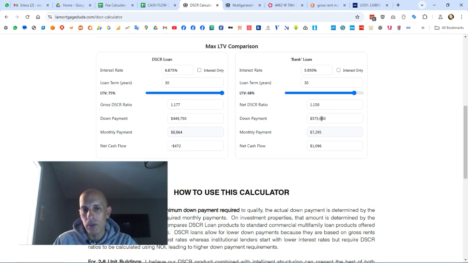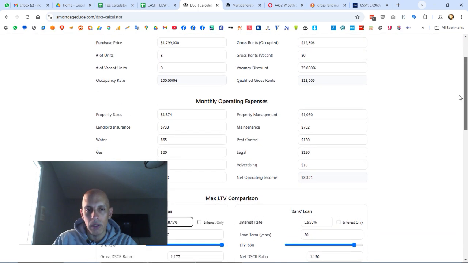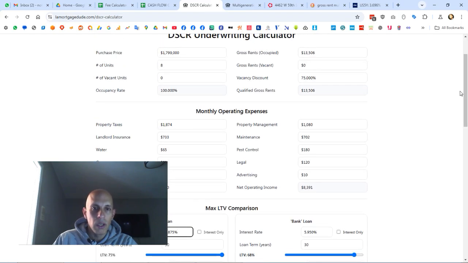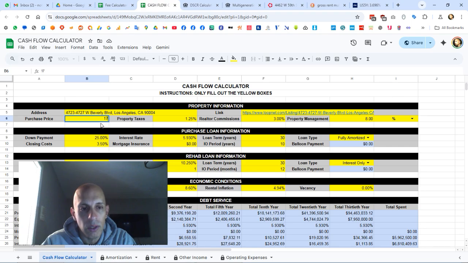So that means your down payment is actually going to be coming in at $575, and you're going to be cash flowing about $1,000 a month, or $12,000 a year. Well, $1,100 a month, or a little over $12,000 a year, $13,200, I believe. So we're looking at 1.799 million.